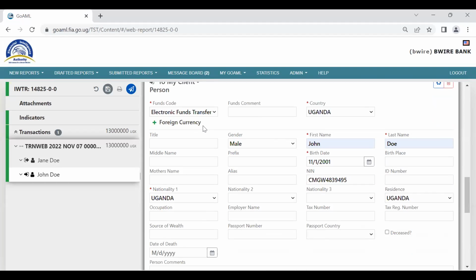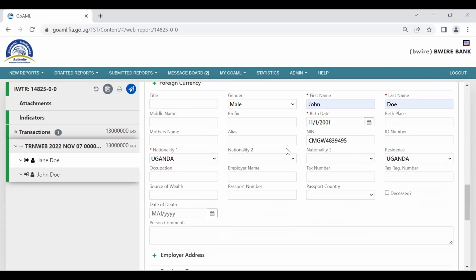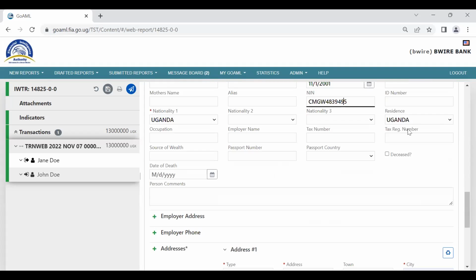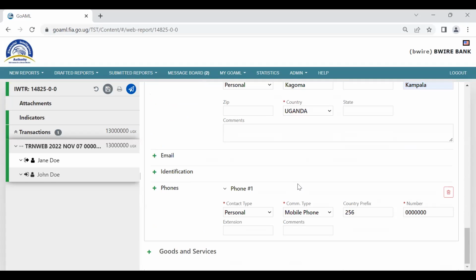The recipient is the 'to', the sender is the 'from'. We capture these details: the gender, the name, the national ID, the birthday, the nationality. We have the address information, and we have the phone information. So once you're done, then you submit.